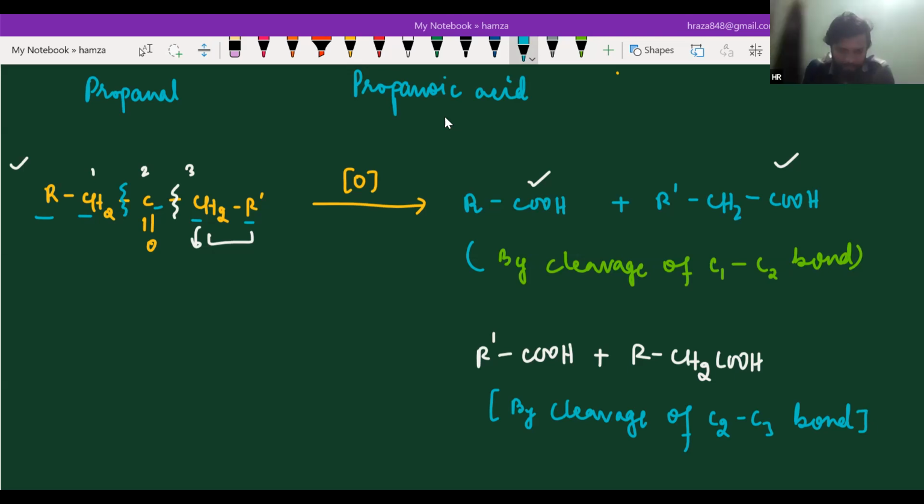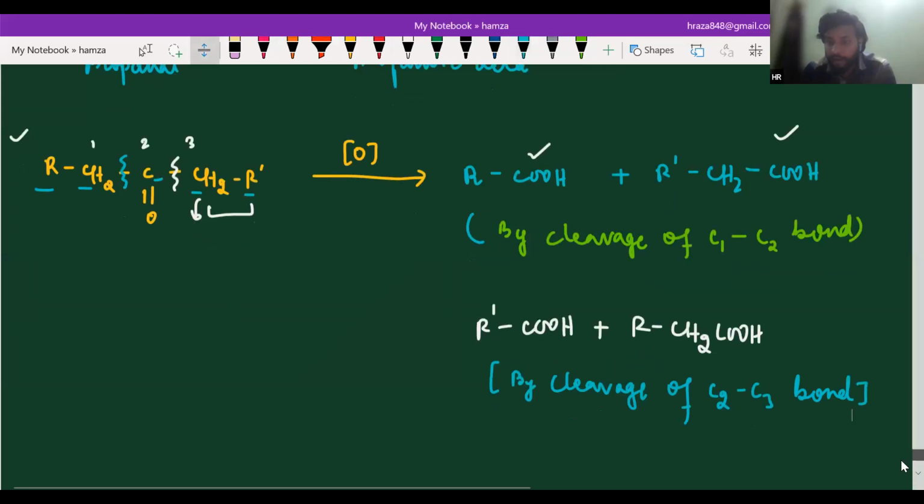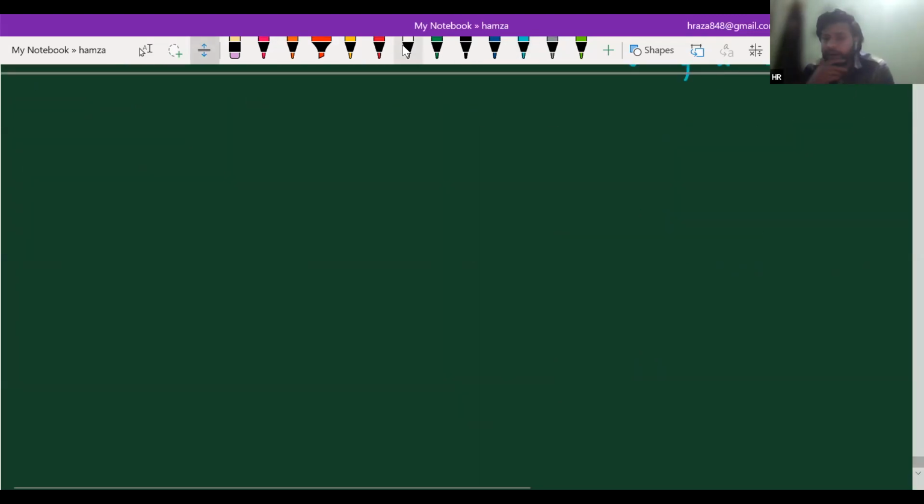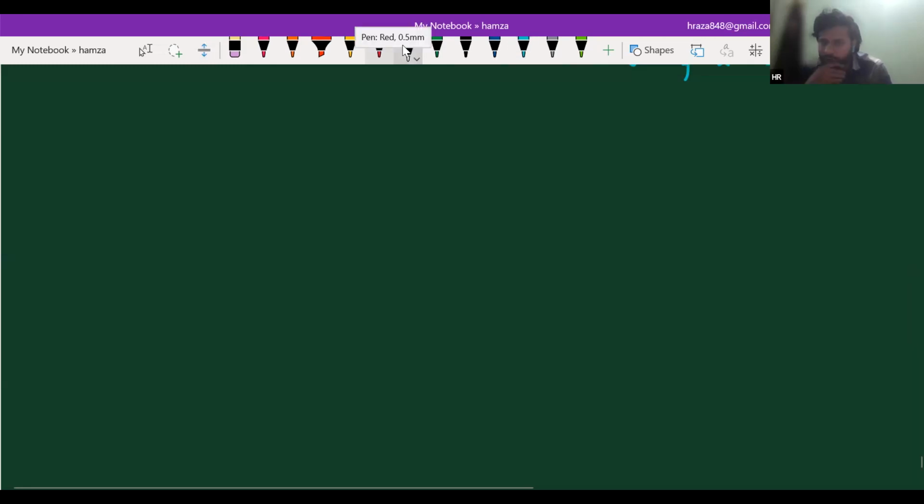Very good. Now we are going to see some oxidation methods that are used to distinguish between aldehydes and ketones. Not all reagents can directly convert a ketone into a carboxylic acid, but they can convert an aldehyde into a carboxylic acid. That means the reagent which cannot convert a ketone to a carboxylic acid will be used to distinguish between aldehyde and ketone.